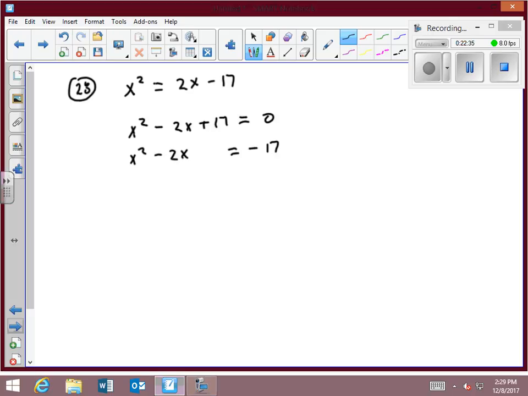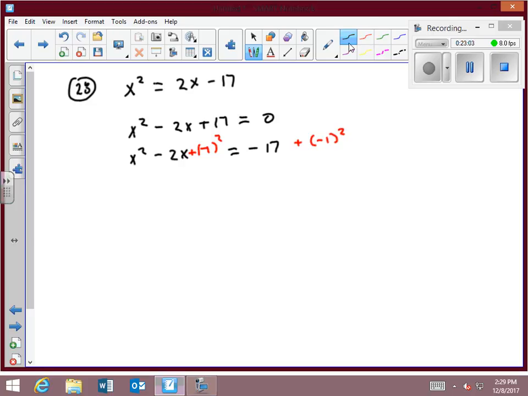So you move the 17, the constant term, over. Now what are you going to do? I have 2. Half of minus 2, and what is that going to be? Half of minus 2 is negative 1, and then you square it, right? And that's what you have to do over here.